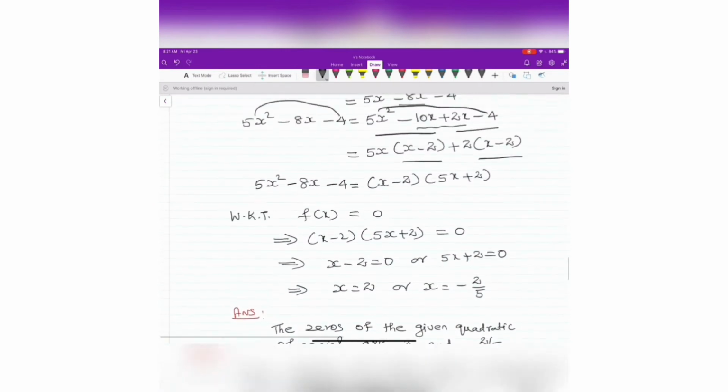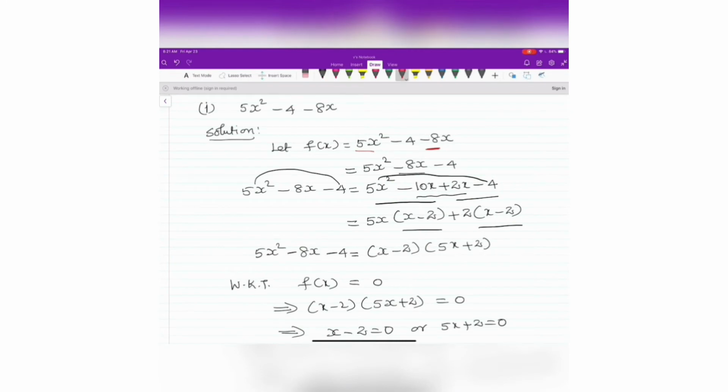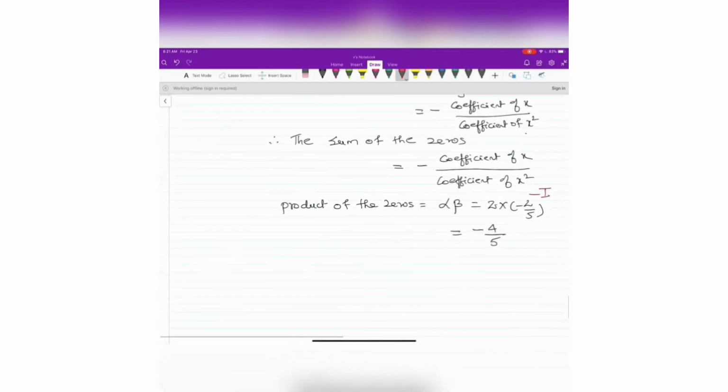If you see the given polynomial, minus 4 is the constant term, whereas 5 is the coefficient of x square. So, I can write over here, this is equal to constant term by coefficient of x square. So we have verified that the product of the zeros is equal to constant term by coefficient of x square. Normally we write it as c by a.